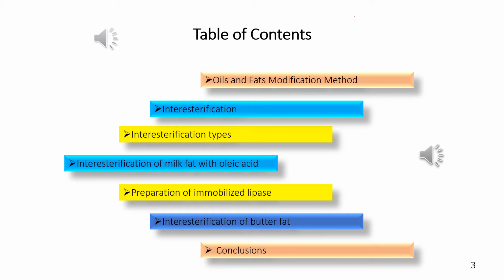Out of these major processes, the most important step in the oil and fats modification method is hydrogenation. This process is used to modify the oil and fats, and by using this process we acquire the nutritional and physical properties of oils and fats.